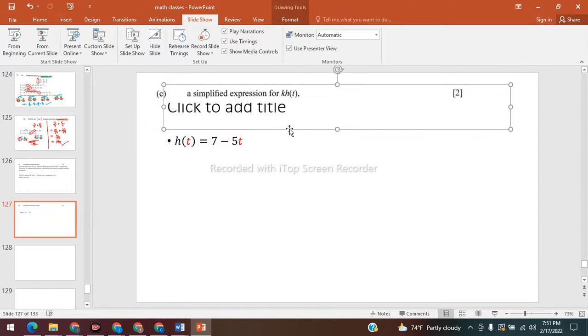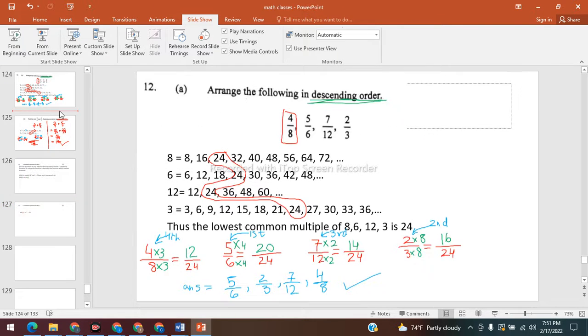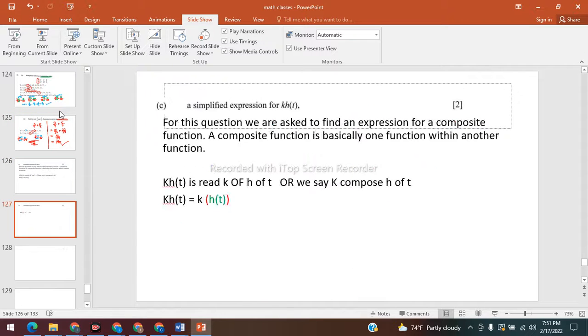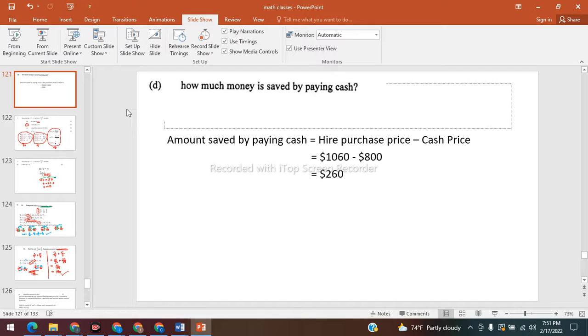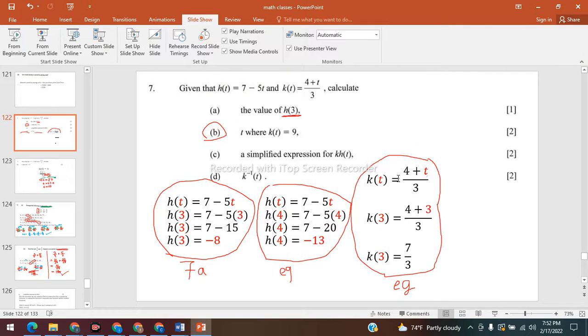That's what k of t is. And h of t, that's what h of t is.